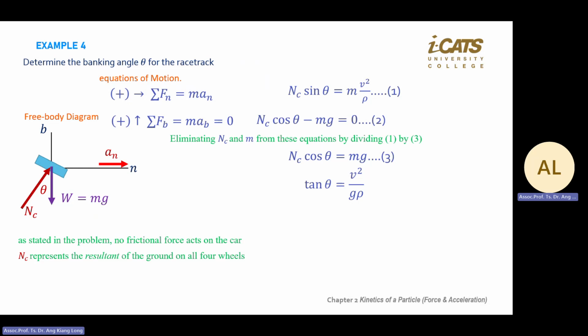You eliminate N_c by division. You take sine divided by cosine, you get tangent. Eliminate N_c, and you only arrive at v squared over g rho. Rho you have, v you need to find, and so on. So tangent is in equation form. So your test 1 question will be in equation form.